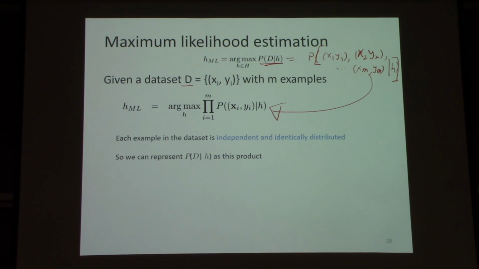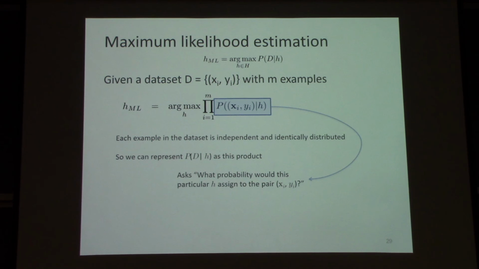This is what we've done all the time. We've assumed that all examples are IID, so we just say the probability of seeing a data set is simply the product of all these probabilities. Each term inside this product is asking, what is the probability that a particular classifier, a particular set of naive Bayes parameters, would assign the label yi to an example xi.